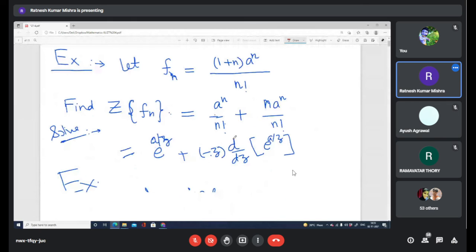Did I make some mistake? This is f0, so z f(z), z tending to infinity f(z), this portion will not be there, this is, and here minus f naught. z f(z), and this is z f(z) minus z f naught.